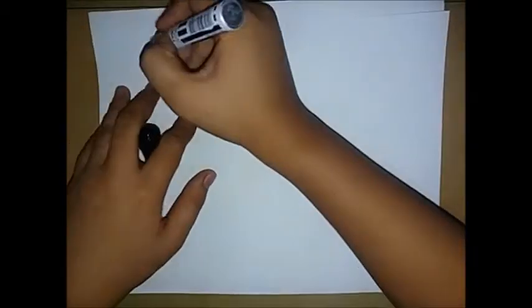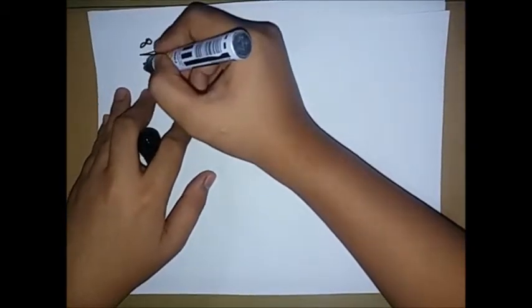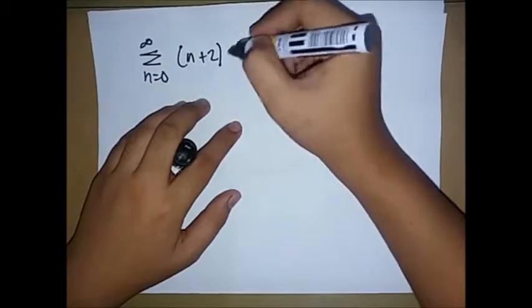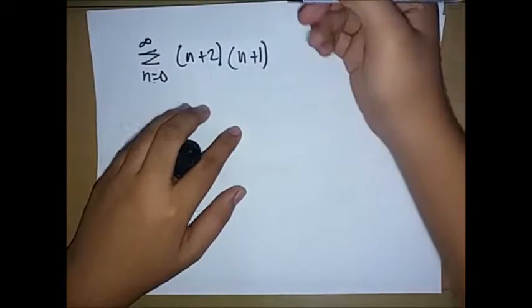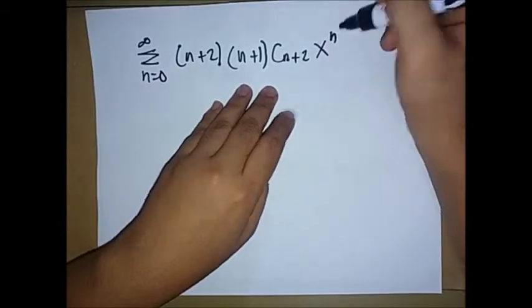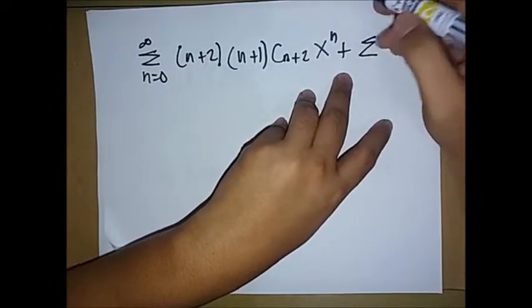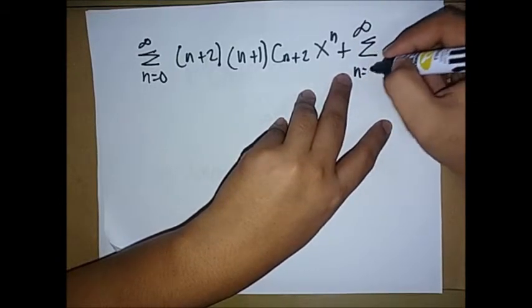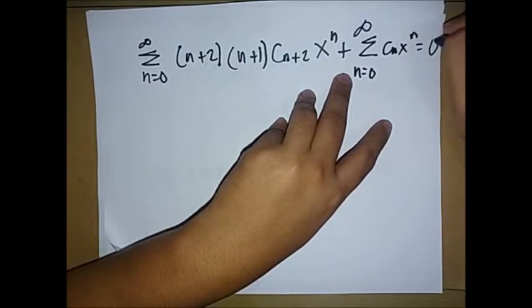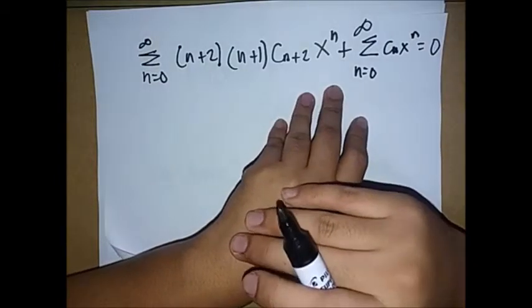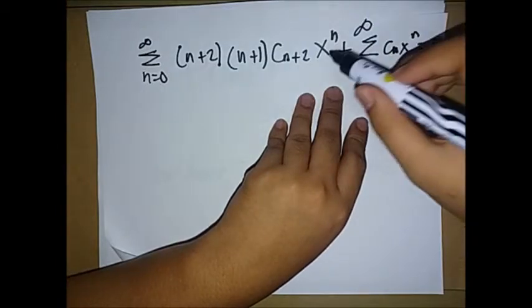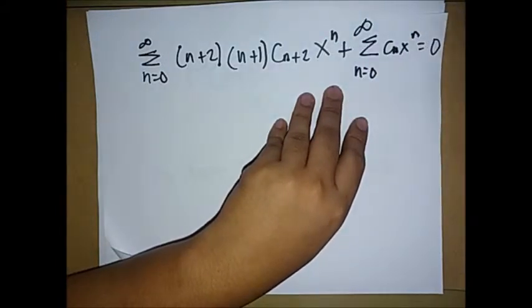So we have... okay, since we have the same n and we also have the same x raised to n, we can now factor out x raised to n.